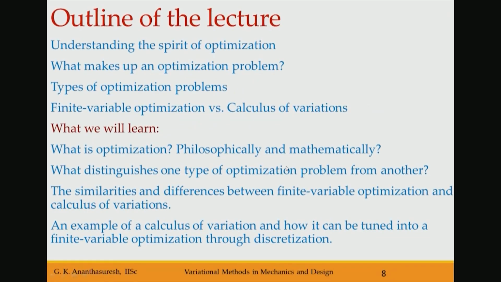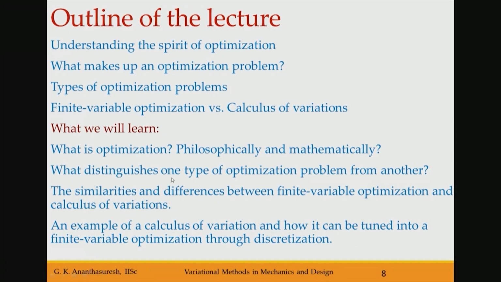Okay. So, if you look at what we are going to discuss now, you first have to understand the spirit of optimization, and then we have to understand what makes a good optimization problem, or even an optimization problem without the adjective good. We look at a number of types of optimization problems, in particular finite variable optimization and then calculus of variations. This is what we want to focus on, but you need to understand how it is different from finite variable optimization.